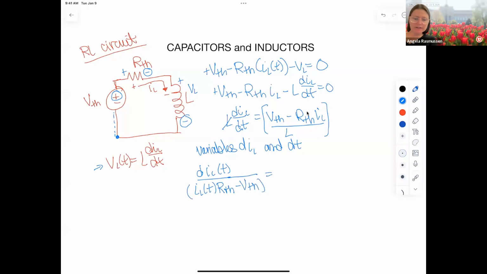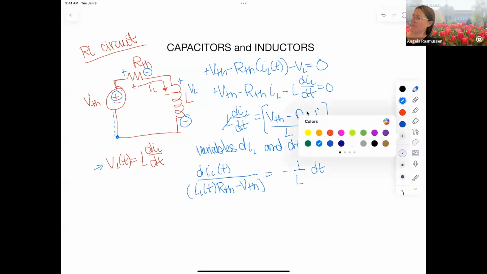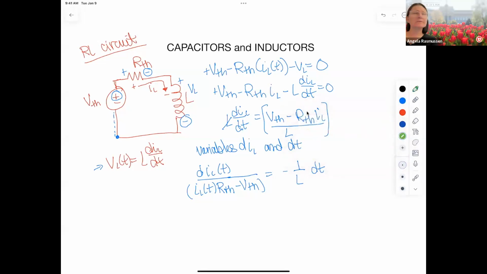And then on this side, I just have the dt. Okay, so those are my variables. And then from here, I'm going to integrate to get rid of the d.